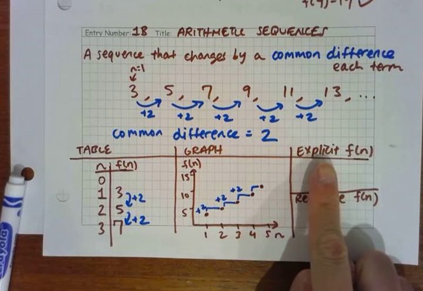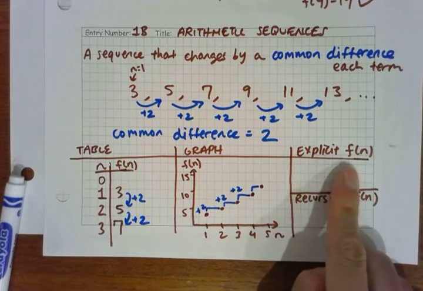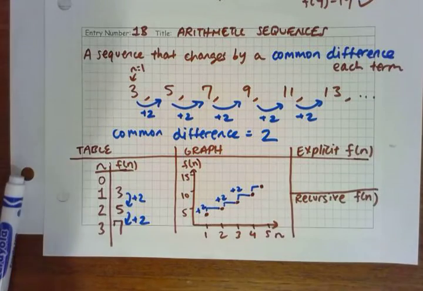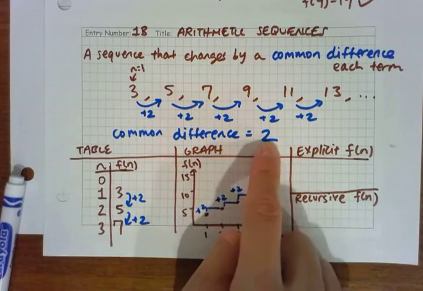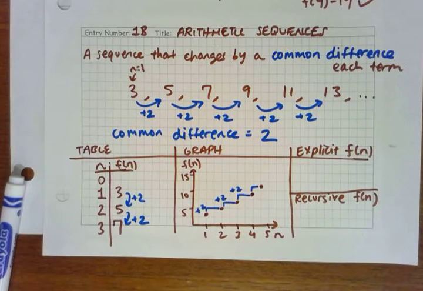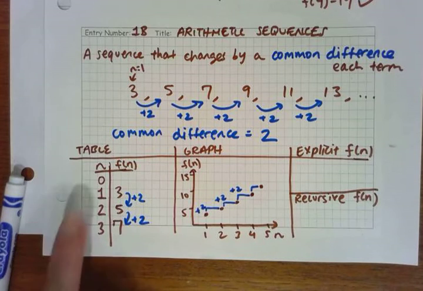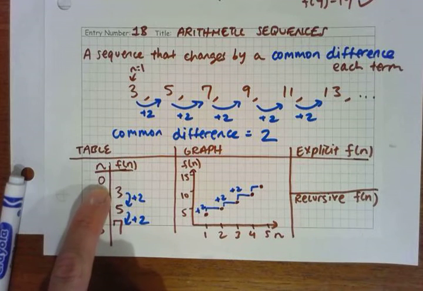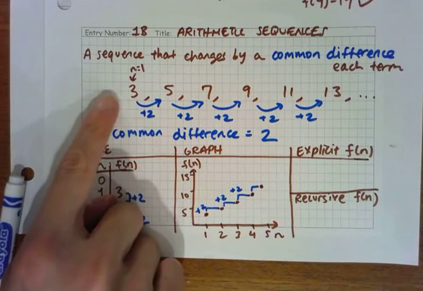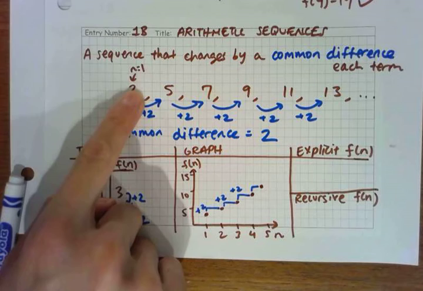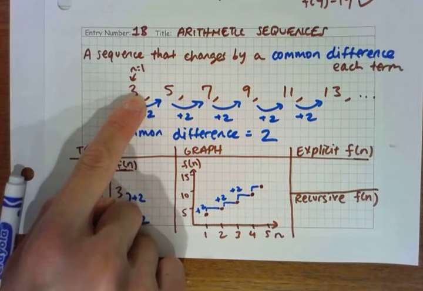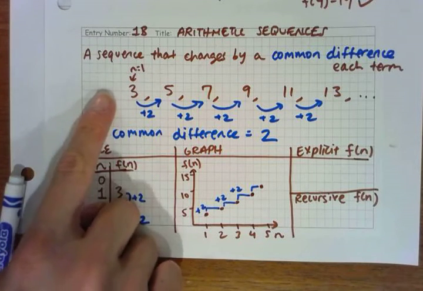Now to put it in an explicit function, we know what the common difference is, but we also have to figure out what is the starting point, or what is the 0 term. Sometimes they'll tell you that the 0 term is a certain number, but in this case we know the first term, when n equals 1, but we don't yet know what it is when n equals 0.